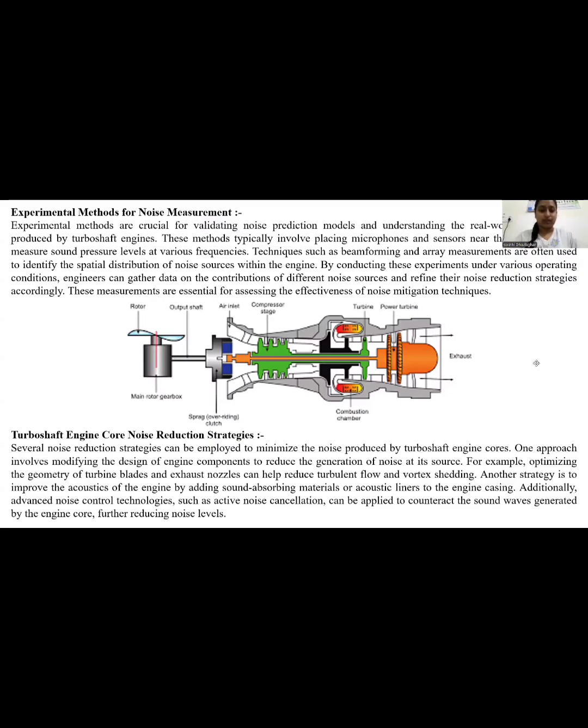Another strategy is to improve the engine by adding sound absorbing materials or acoustic liners to the engine casing. Additionally, advanced noise controlling techniques such as active noise cancellation can be applied to counteract the sound waves generated by the engine core, further reducing noise levels.